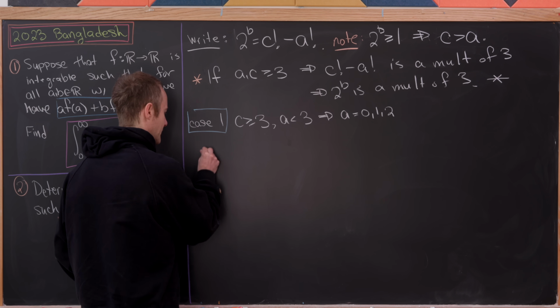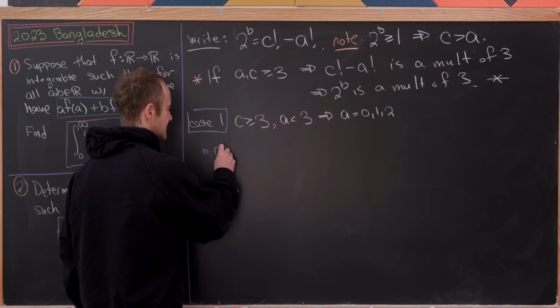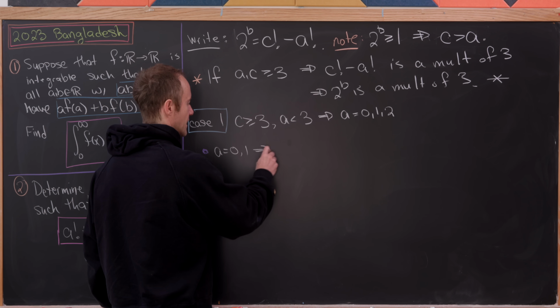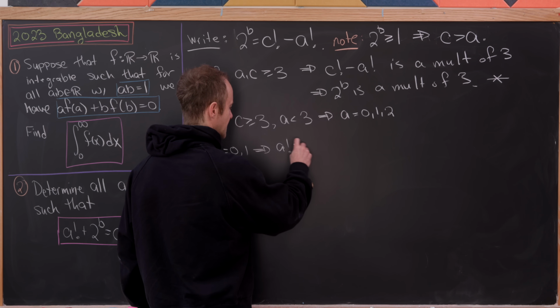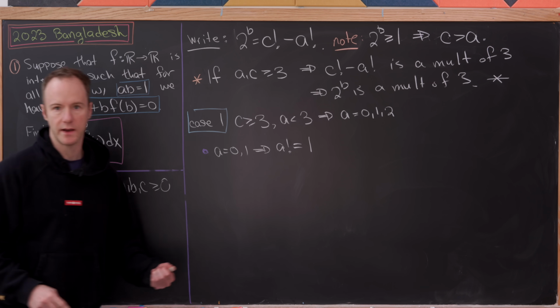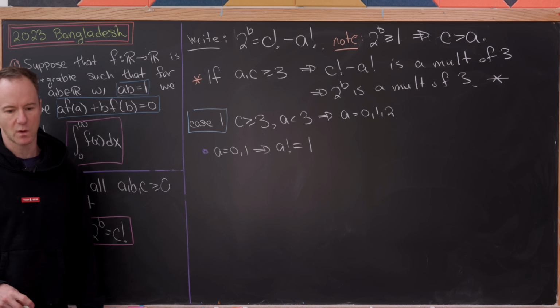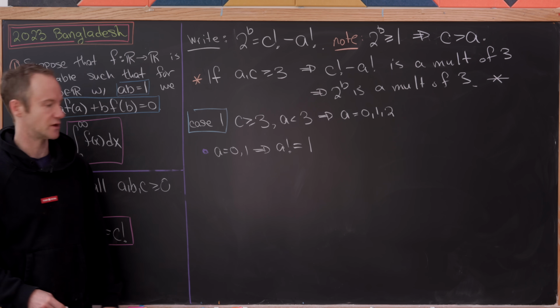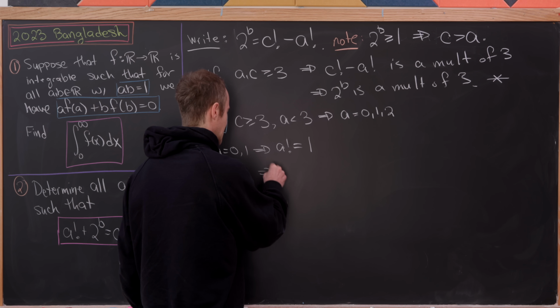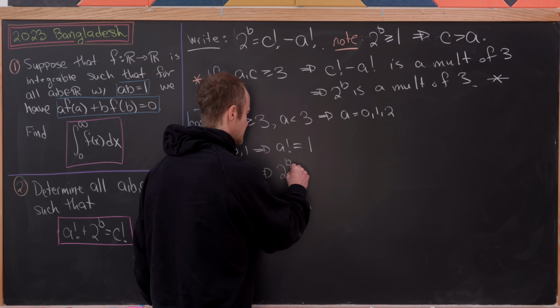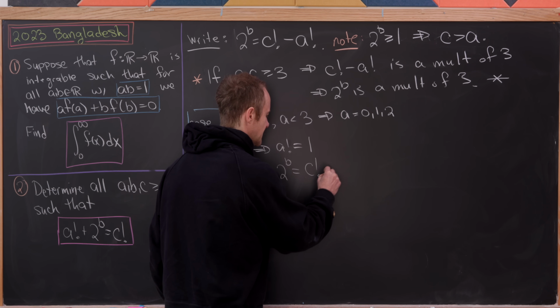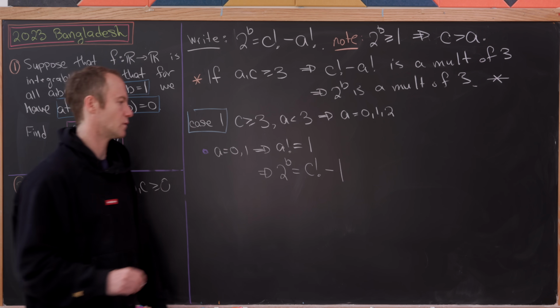So, well, what happens if a is equal to 0 or 1? Well, that means that a factorial is equal to 1. That's because 1 factorial is 1 and 0 factorial is also 1. But then that gives us the equation 2 to the b is equal to c factorial minus 1.